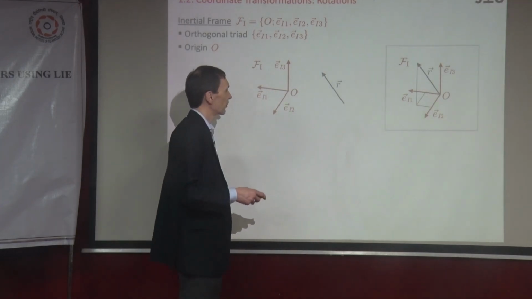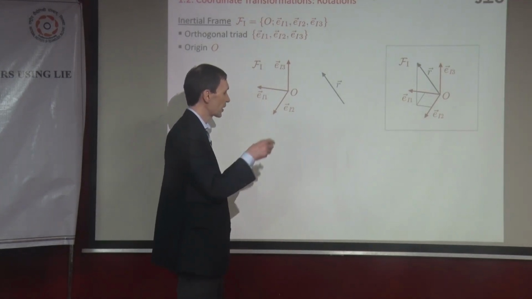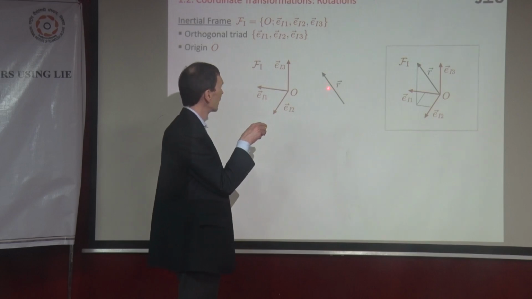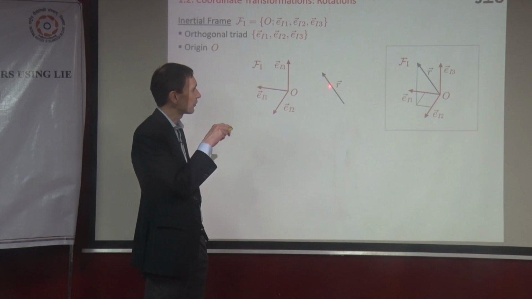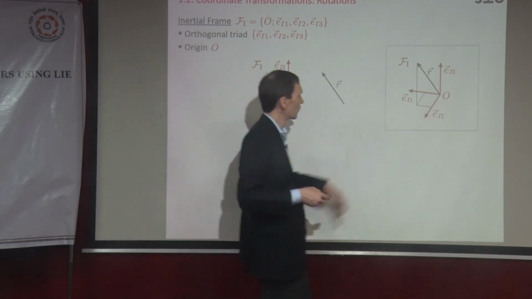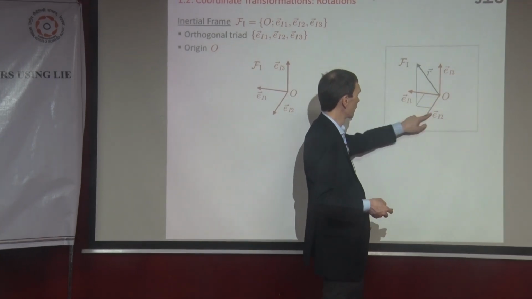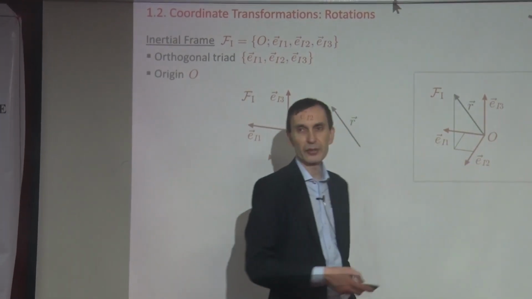What I can do, and I guess you know this, is project this vector onto the frame axes. I take the scalar product of the vector with, for example, the one axis. The projection of this vector onto the one axis gives you that part, onto the three axis gives you this part, and you know what I'm talking about, right?